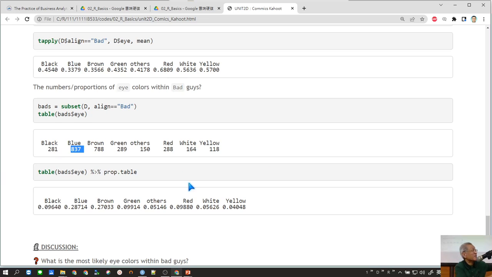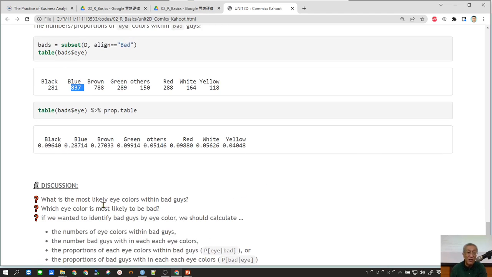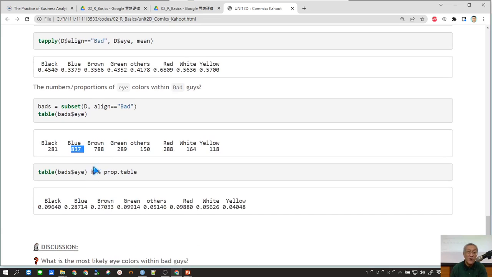Because probability is a proportion, right? There is a denominator, right? So if you are asking about probability, you are asking about the proportion, right? And when you want to do proportion, you want to do the denominator. So, yes, there are a lot of blue eye bad guys, okay?